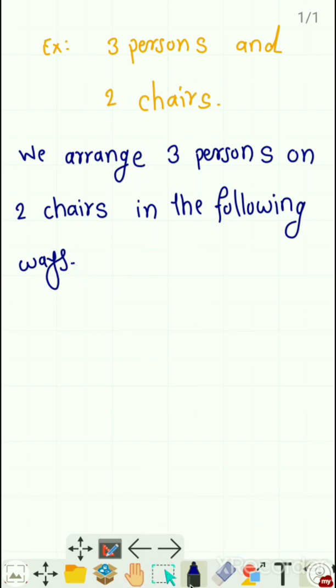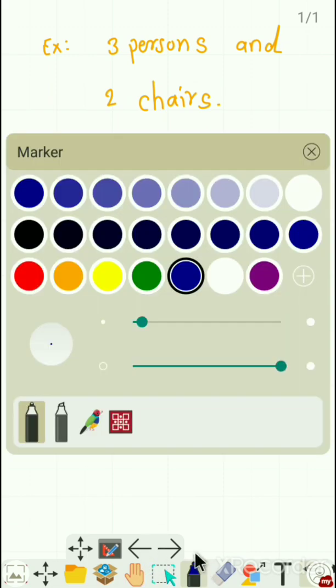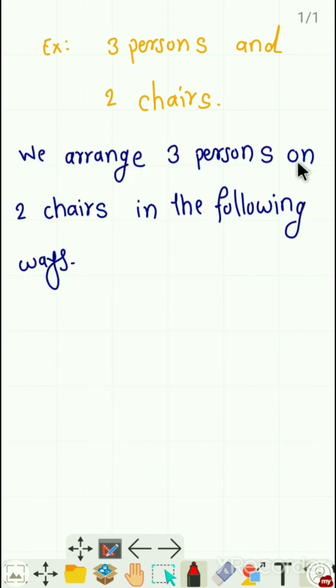So let us go to the diagram now. Suppose these are the 2 chairs. On these 2 chairs we can put only 2 persons. Suppose I put A here and B here, so C is left out.